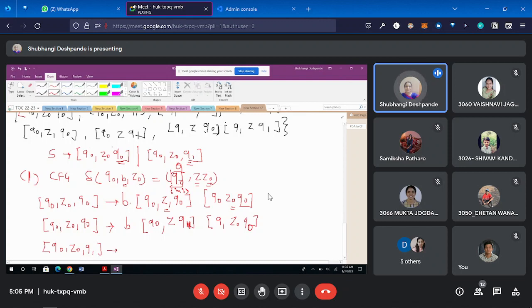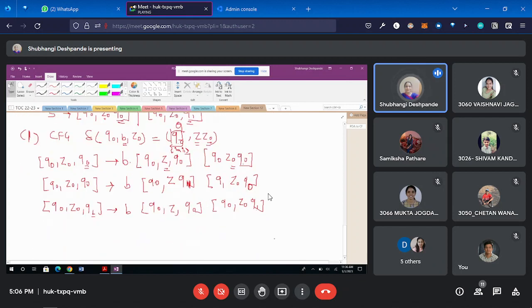Now if it is entering into Q1, Q0, Z0, Q1, so B, which will have Q0, Z, Q0, and here Q0, Z0. Only the state is changed, from Q0 it is Q1, so it is entering into Q1.